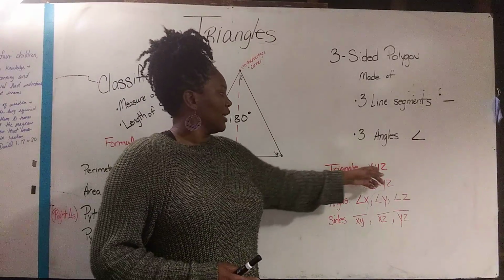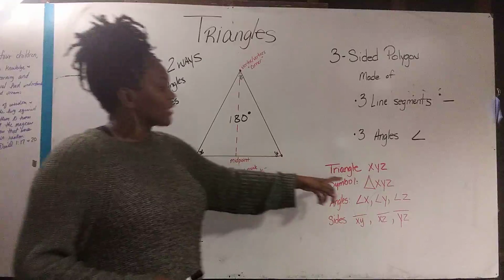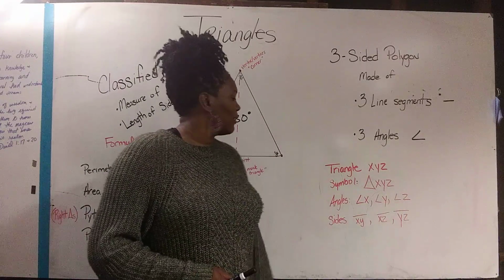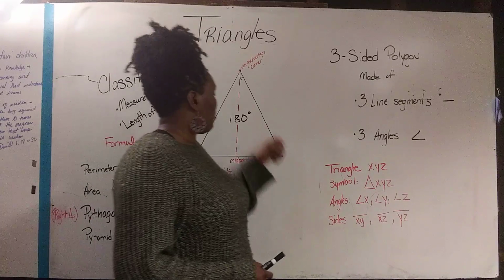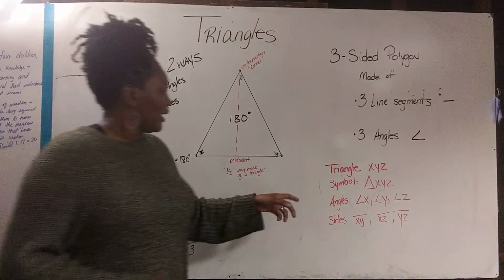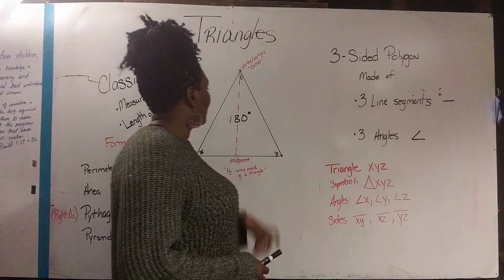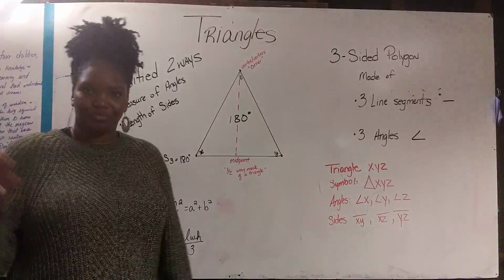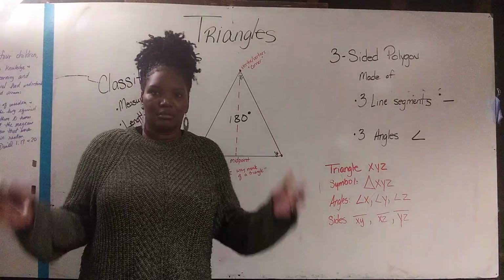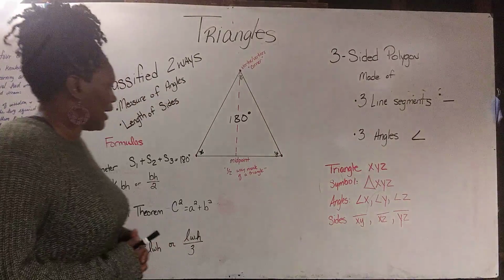So this is triangle XYZ. This is how it's written, triangle XYZ. The angles, we have angle X, we have angle Y, we have angle Z. We have sides XY, XZ, and YZ. Okay? You need to know those things about triangles.